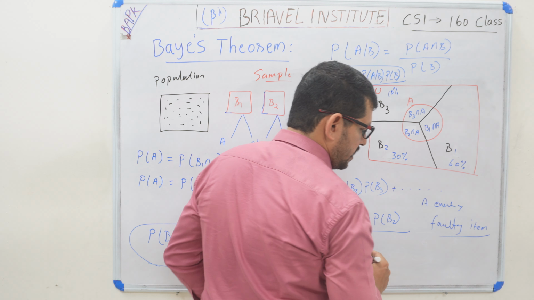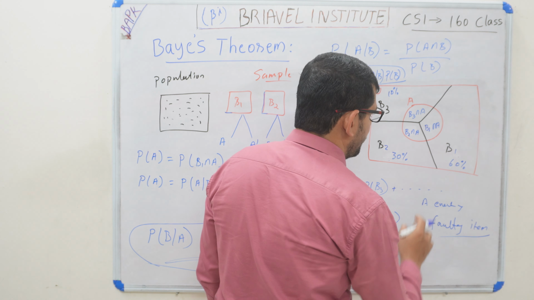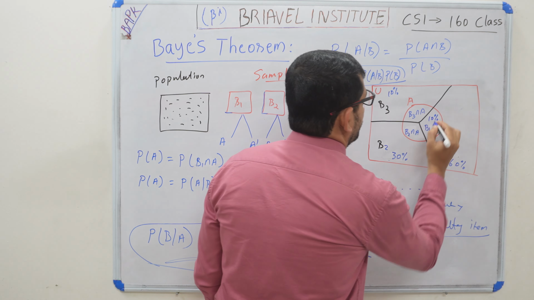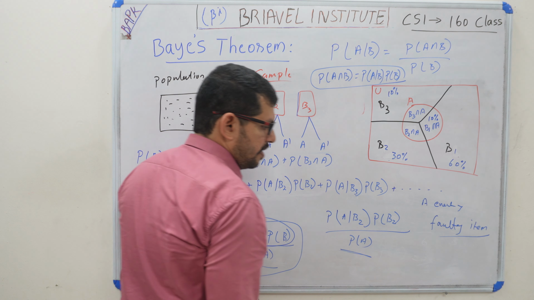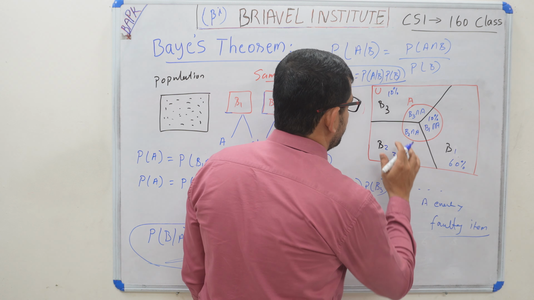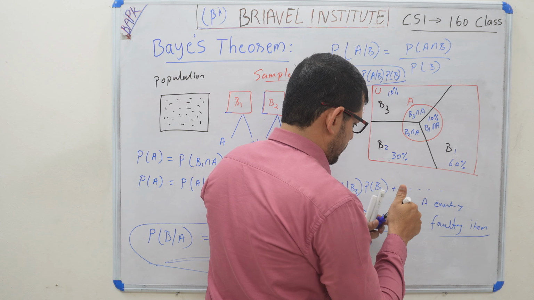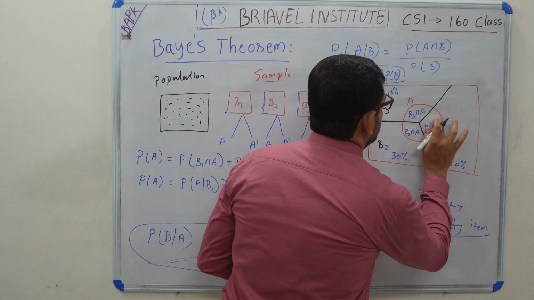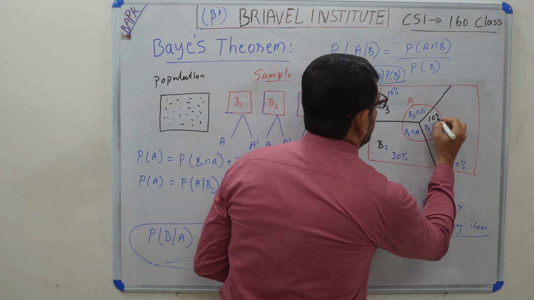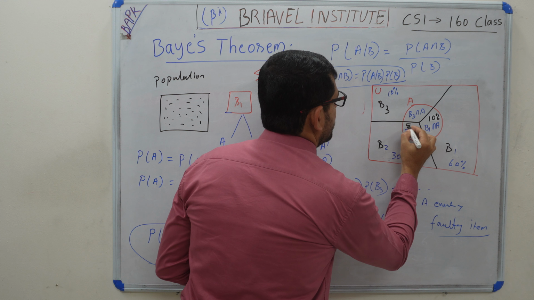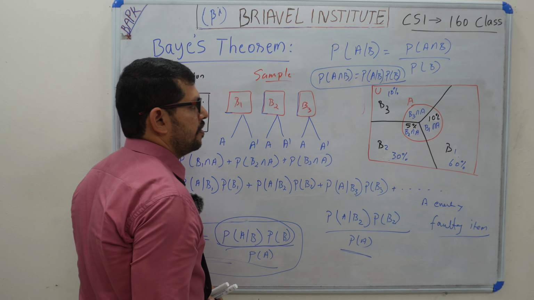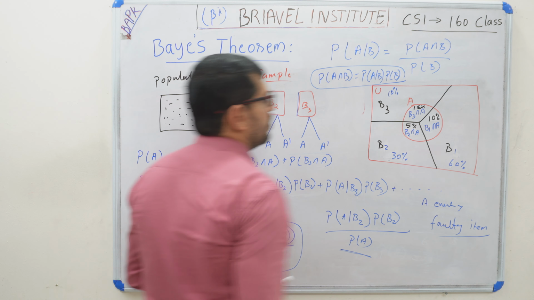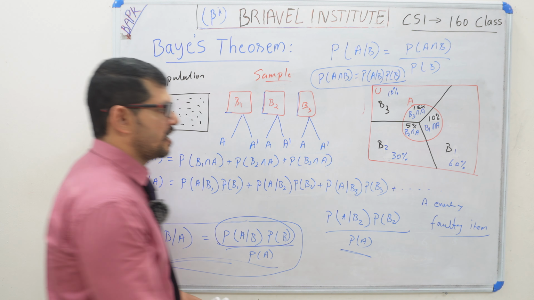The chance is 10% from B1, 5% from B2, and 15% from B3. We can write this in red.